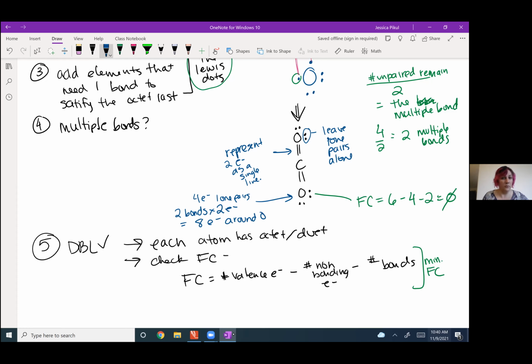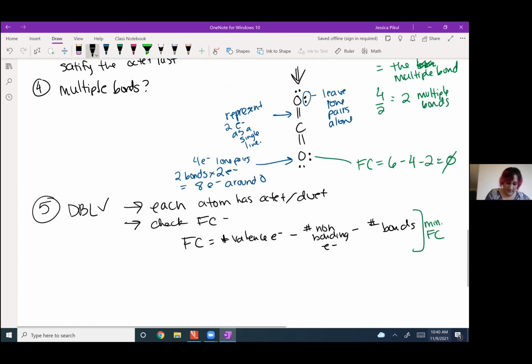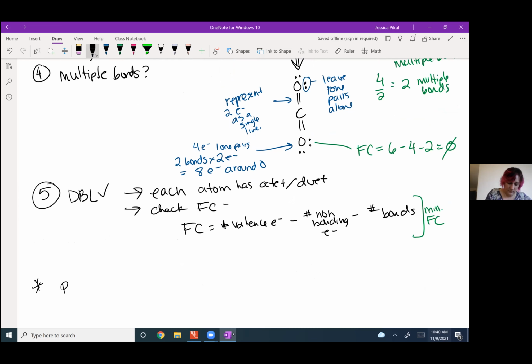Sometimes you'll have things called resonance structures. Actually, wait, before that, sometimes you'll have polyatomic ions. If you have a polyatomic ion, you get to add or subtract electrons.